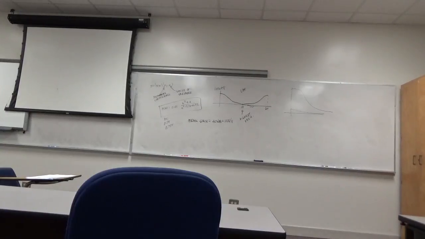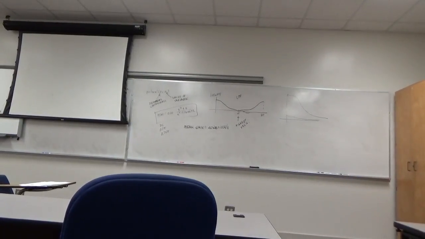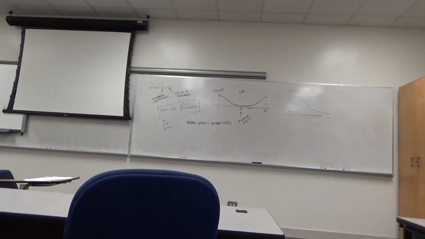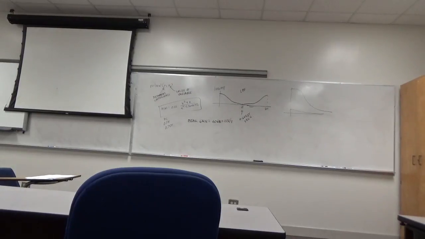So, my Z1 is e to the power j times 0. No, I did the command wrong. exp, j times 0.